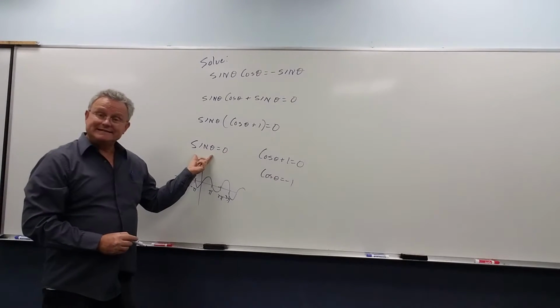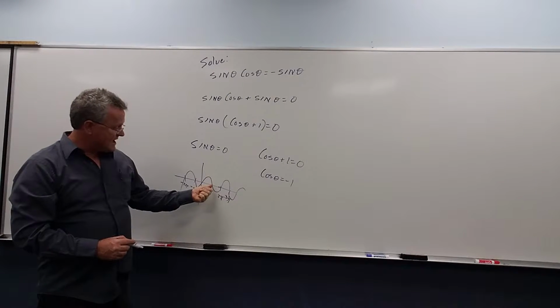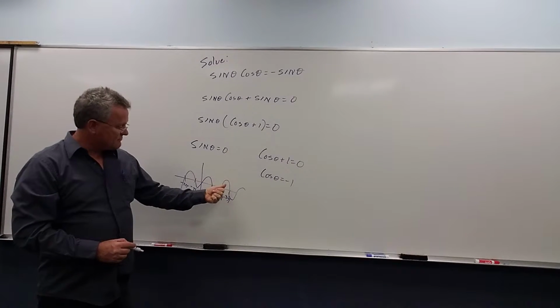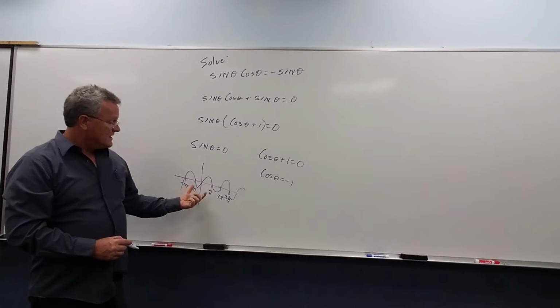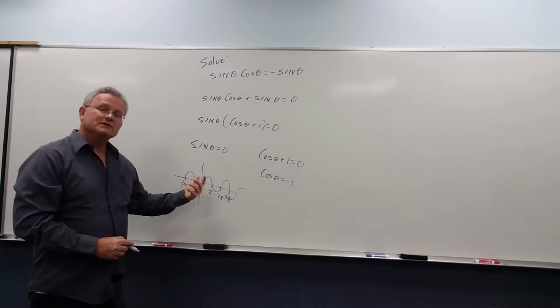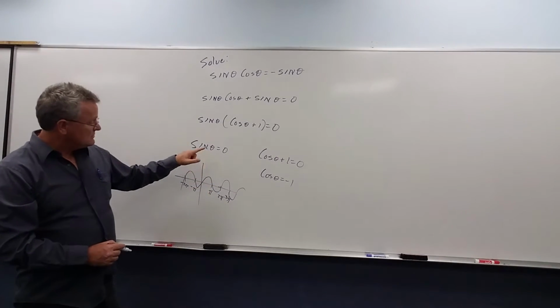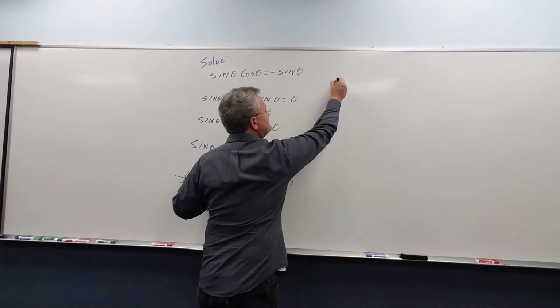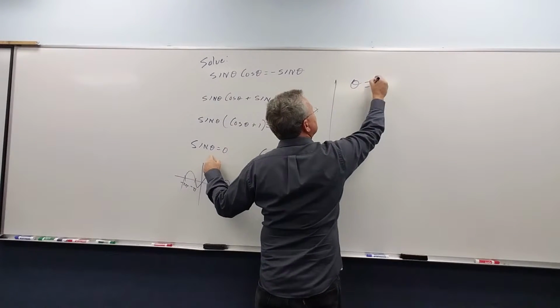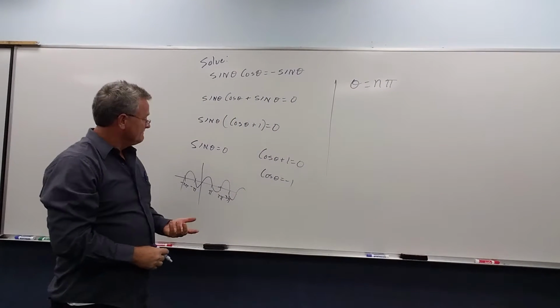So we can see sine of theta is 0 when theta is pi, 2 pi, 3 pi, 4 pi. It's any integer multiple, the negative part brings in the integer multiple of pi. So the solution for this is theta is n pi, where n is an integer.